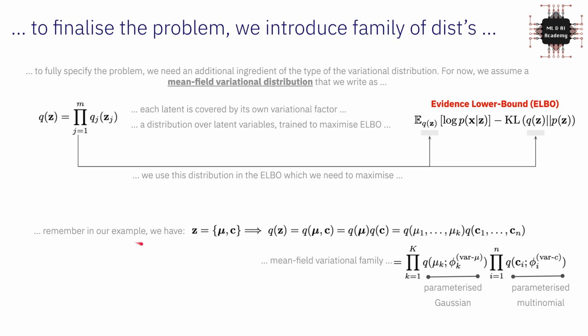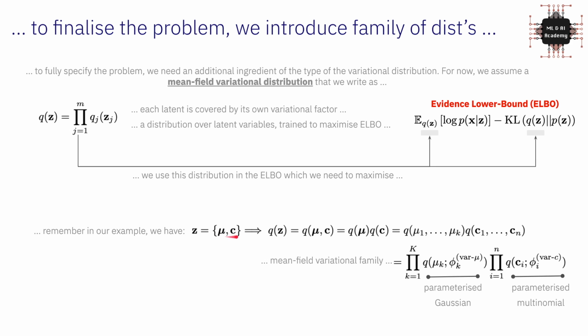In our example, we had two latent variables, our vector of means and our c vector, the categorical one-hot vector. And now our variational distribution, we will introduce it on Q of Z, which is the latent variable, which is equivalently Q of mu and c, right?